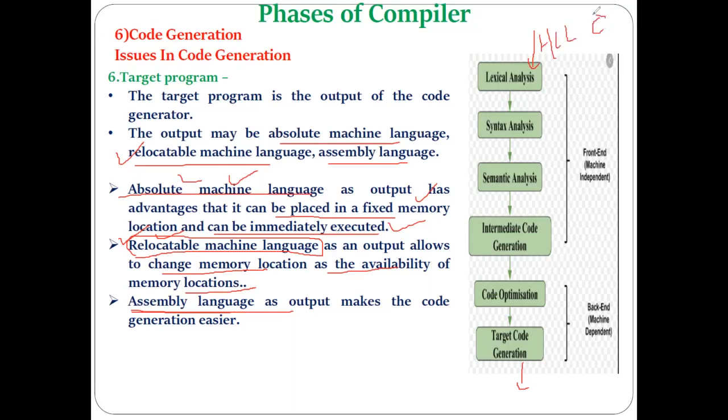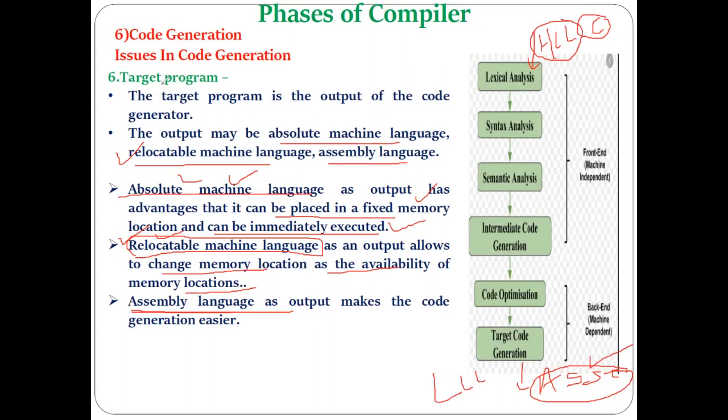You are writing a C language program and you have compiled it. If you get the assembly language code as an output, then assembly language code is also considered as a machine code as compared with this high level language code. If this is your higher level language code, then this assembly language code which is generated here is considered as a low level language code.